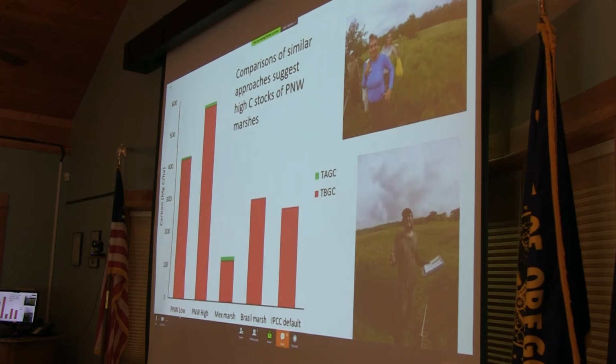And just an example, some of the comparisons of similar approaches. These are data from a Mexican, a Syrian, the Yucatan, Australian marshes, from the mouth of the Amazon, the IPCC default values of 4, which is about 225, I believe, and you can see our mean for the low marshes was a little over 400 and about 550 again for the high marshes.